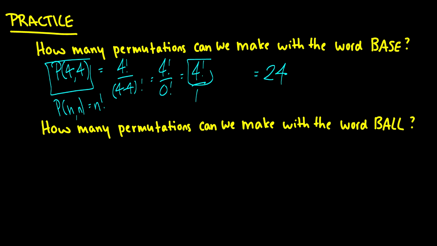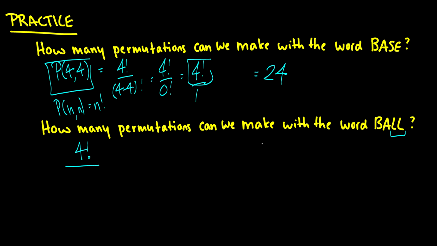But what if we have the word ball? And this is interesting, because 2 of these letters are the same letter. Well, we do something interesting here. We say, okay, we know there's 4 factorial ways to arrange 4 letters, and we divide it by the amount of different arrangements that make it the same.